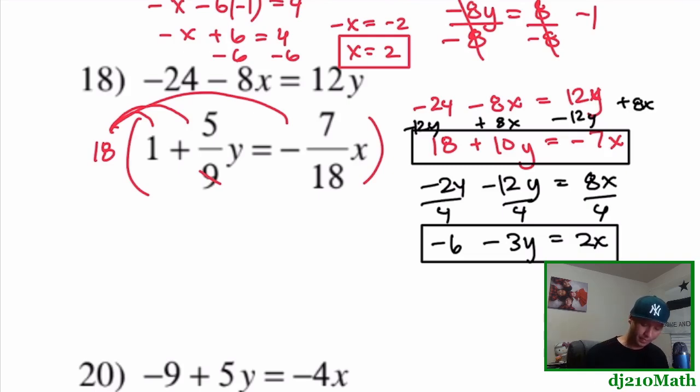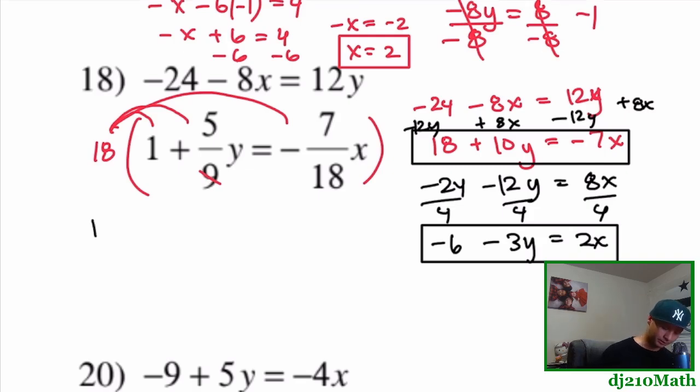Now I want to see how I can make this line up. I think if I multiply the bottom by 10 and the top by 3, this should work out. I'm trying to see if I can do a smaller number than that. No, I don't think I can.